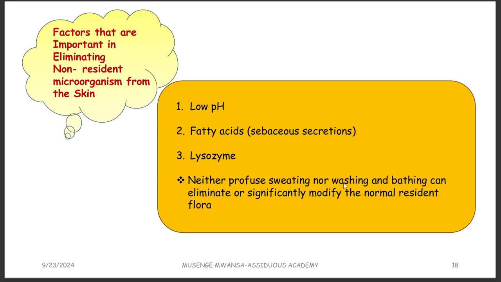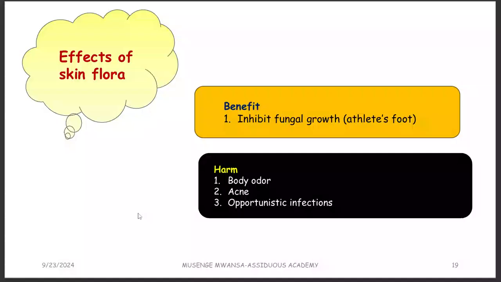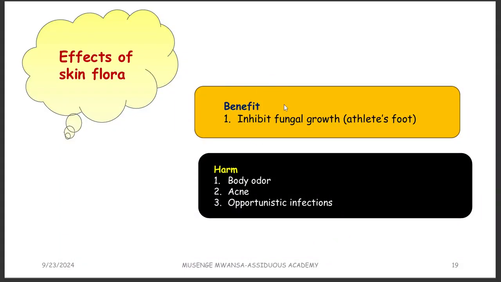Neither profuse sweating nor washing and bathing can eliminate or significantly modify the normal resident. We already mentioned that. What are the effects of skin flora? The benefit, it inhibits the growth of fungus that can cause athlete's foot. And then the harm is it produces body odor, it can also cause acne, pimples, and it can cause some opportunistic infection.